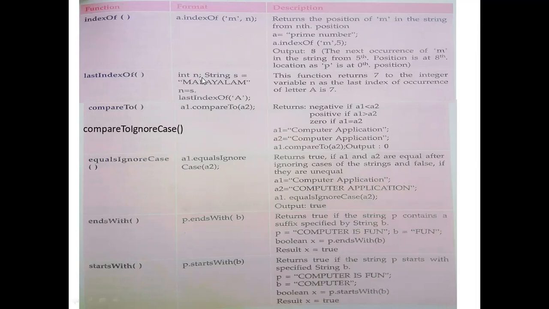Similarly, lastIndexOf. Start searching for a particular character from the end. The numbering is still 0, 1, 2, 3 only. But from the end, in which position this character exists, that position it gives. That is lastIndexOf.